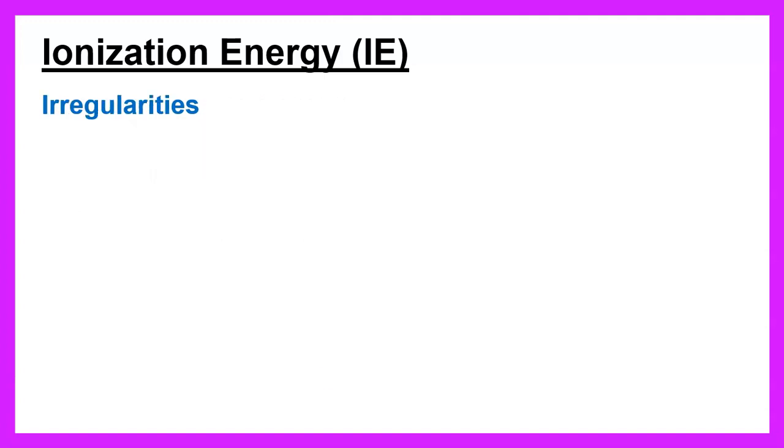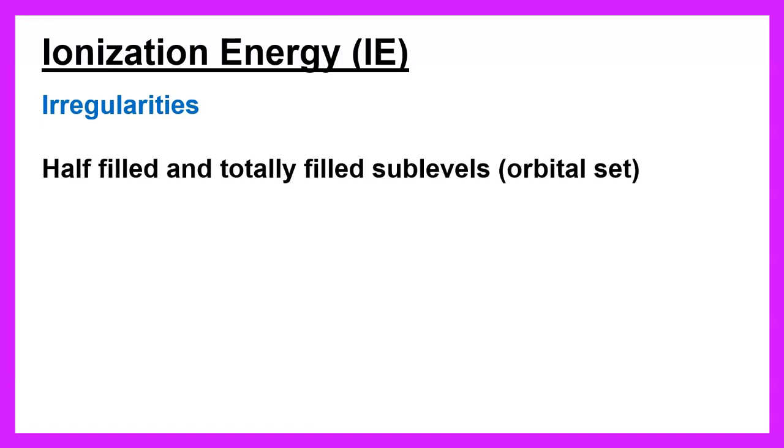Now, you may stumble across some questions where they're going to give you some data that seems inconsistent with our pattern. They will show you an exception, an irregularity, and they'll ask you to brainstorm a reason why this might be happening. You should always be telling yourself, this must be because of attractions or repulsions.